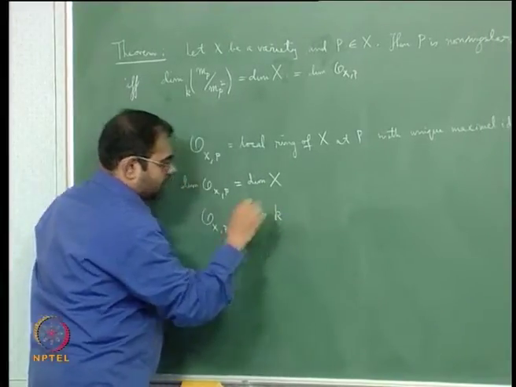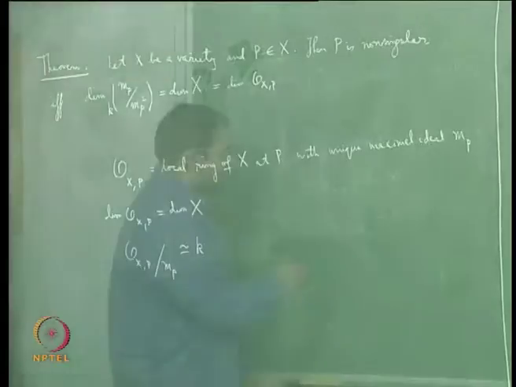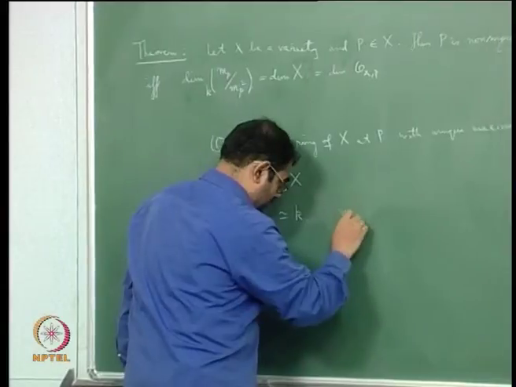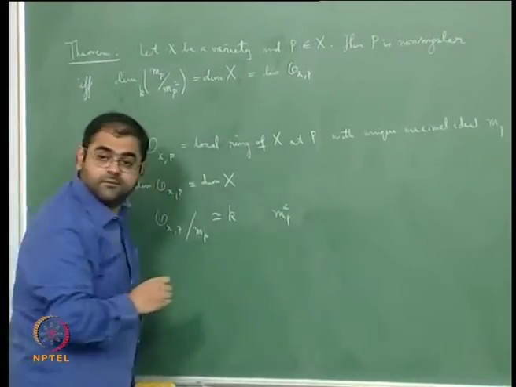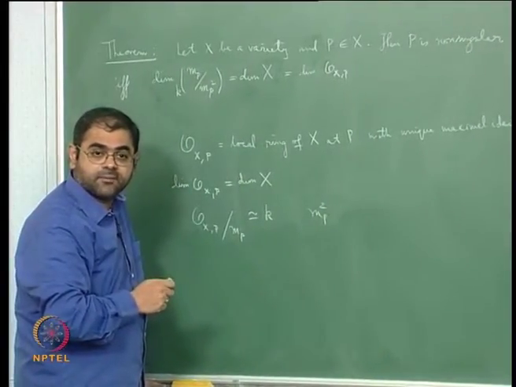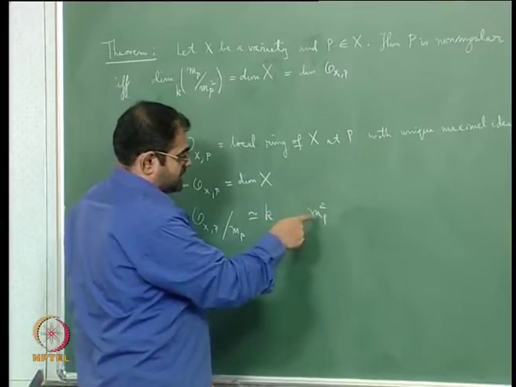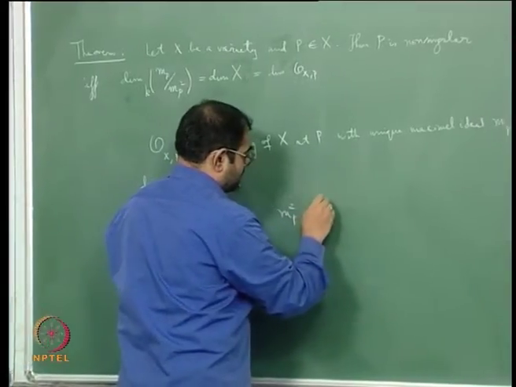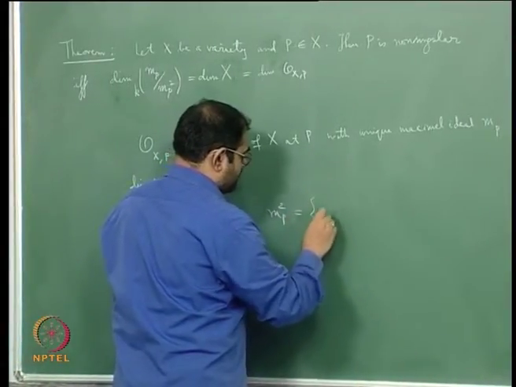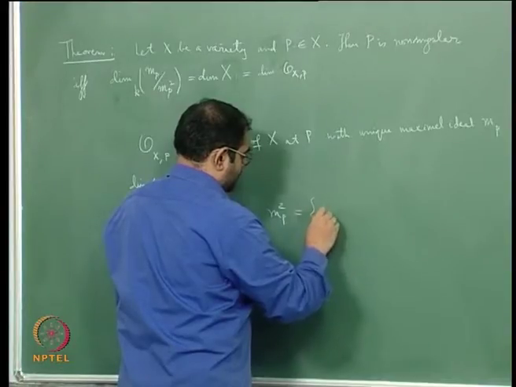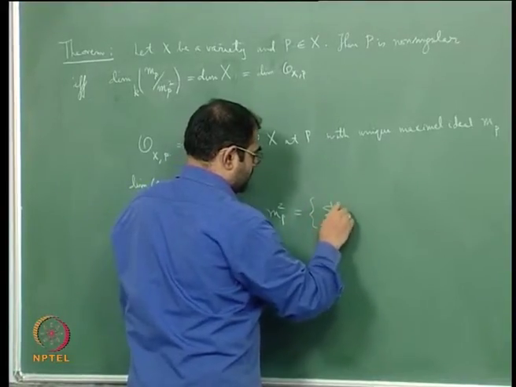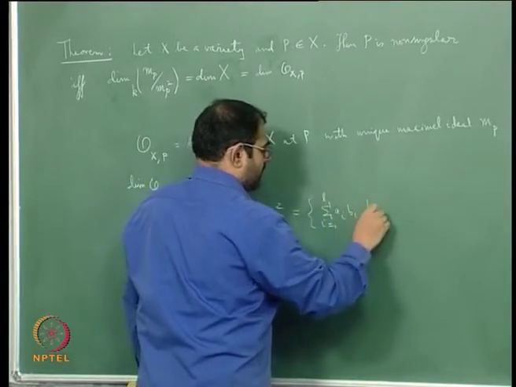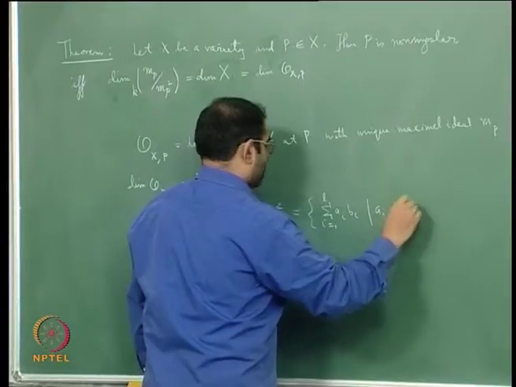So what I want you to understand is the local ring modulo the maximal ideal will give you just K. Okay, and what you must understand is that if you look at MP squared, okay, this is the square of the ideal MP. So this is just consisting of elements of the form sigma ai bi, i equal to 1 to some L, where ai and bi are in the maximal ideal.